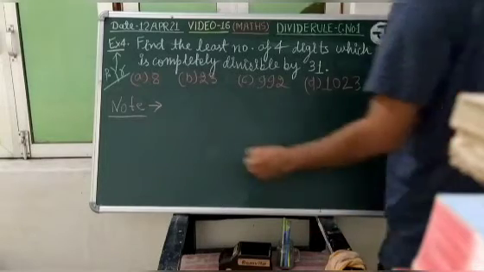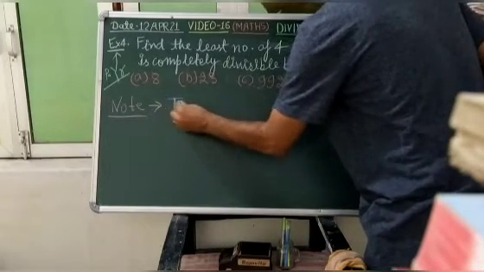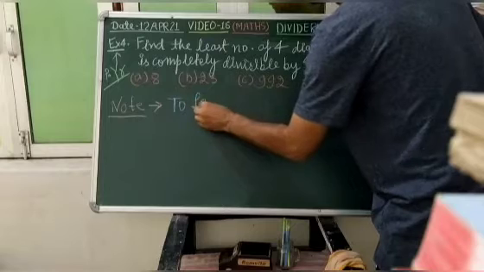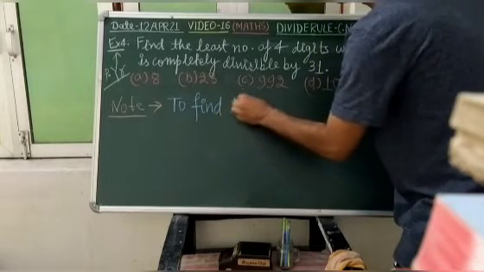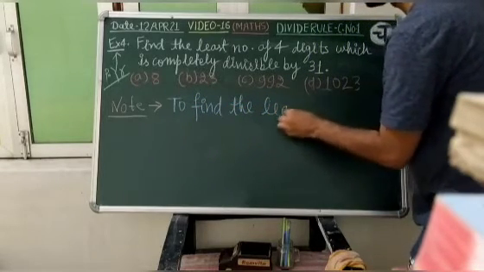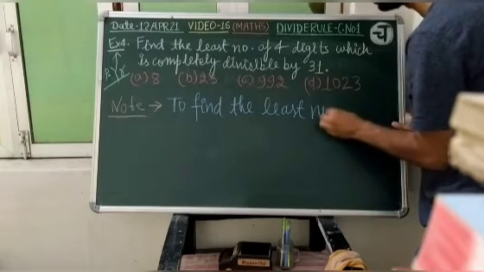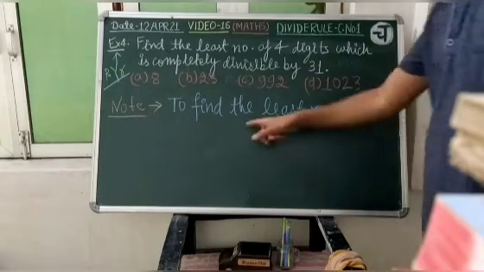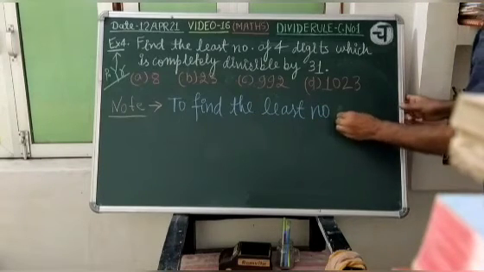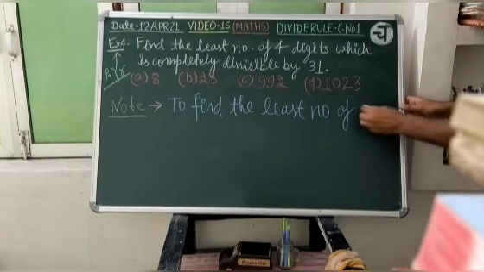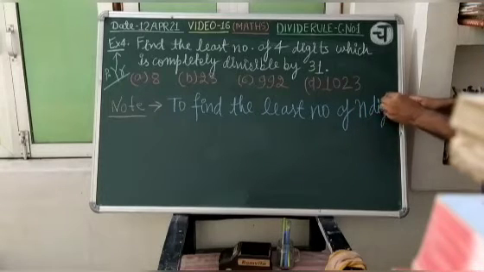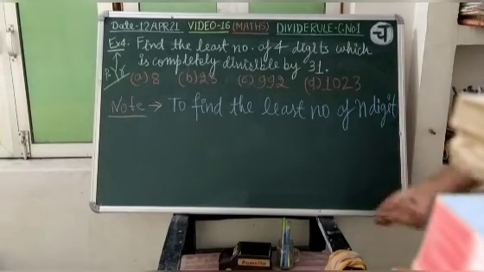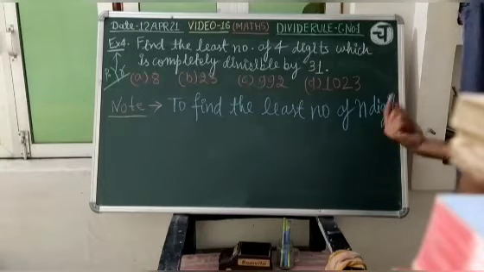To find the least number, suppose we want to find the least number of n digits, meaning the least number which has n digits.